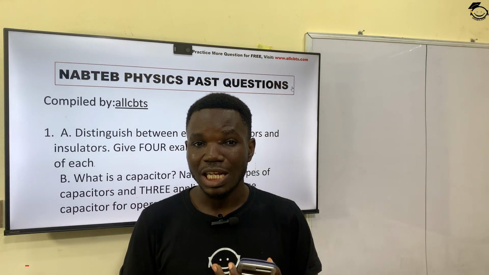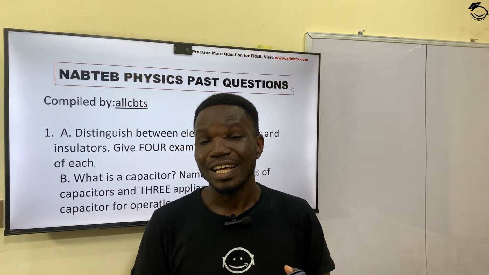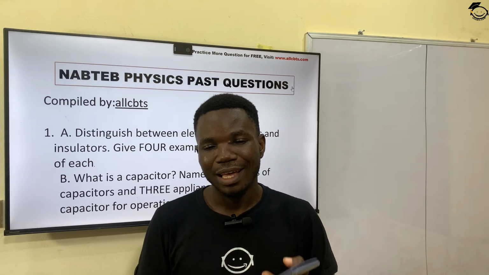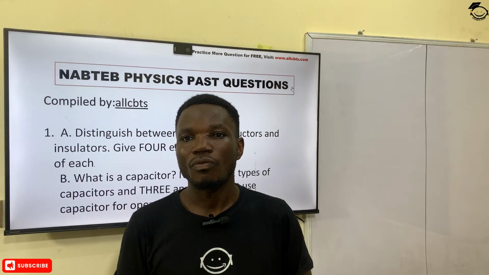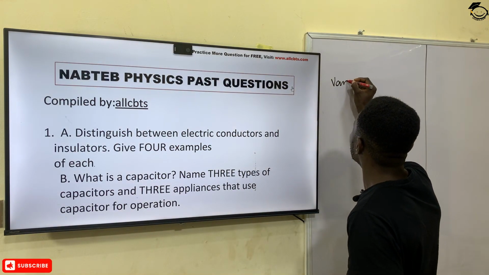So the amount of charge that is present in a body or an appliance is equal to the amount of electricity present in it. So if a capacitor stores charges, it also means that it stores what? Electricity. And we have different types of capacitor. We have what is called the variable air capacitor.